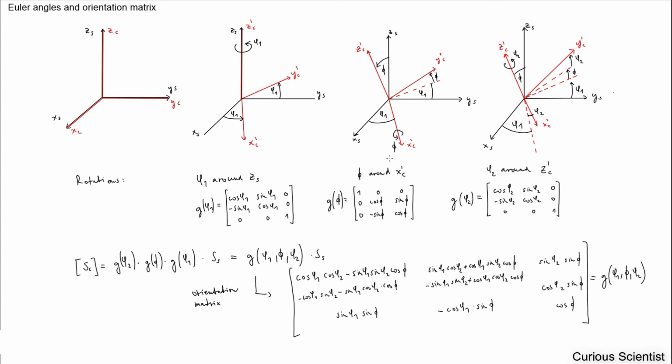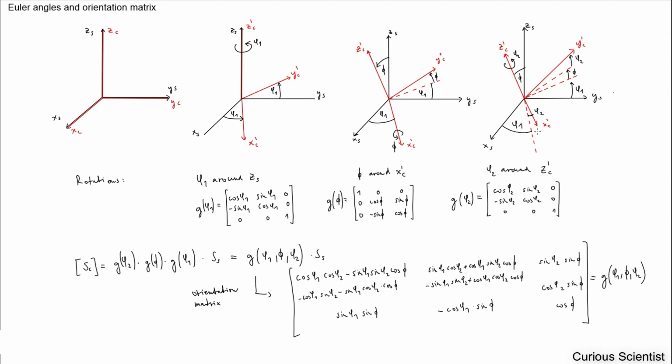The second rotation is G capital Phi, the capital Phi rotation around the xc axis, around this here. And the last rotation is the G phi 2, which is a phi 2 rotation around the zc axis.